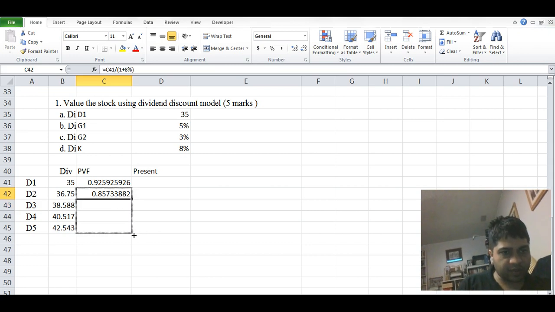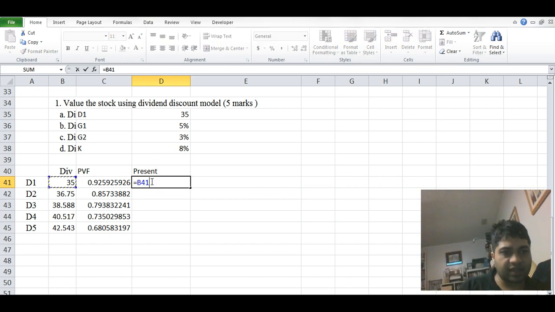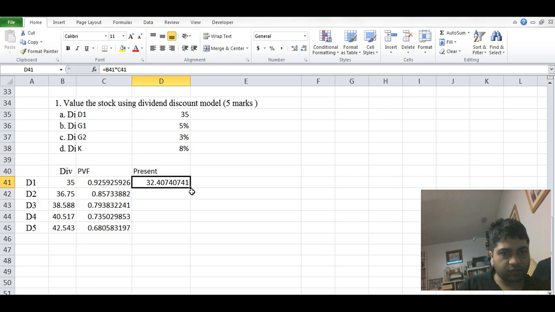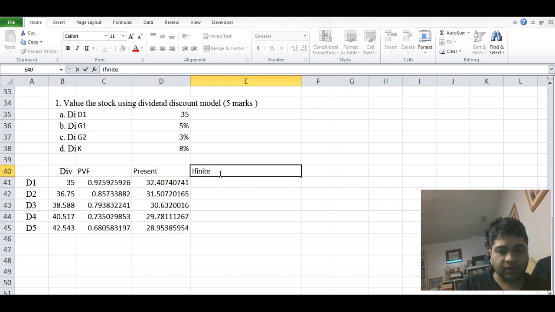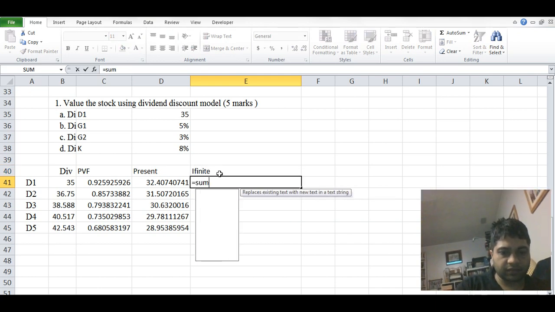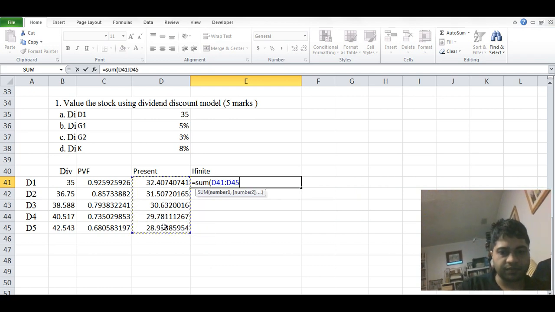So this is the present value factor. Present value is simply the multiplication of these two. Now we know the intrinsic value for the finite period is simply the addition of all these numbers.